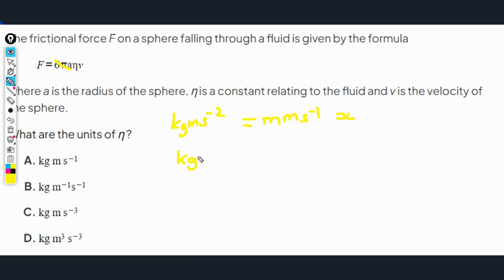So kg meters per second to the power minus 2 equals meters squared over time equals x. We can divide by meters squared, so we get kg meter minus 1, right? Since meter squared is getting divided, and in seconds it's minus 2, we'll just add 1 to that, so it'll be s minus 1 will equal x. Hence option B.